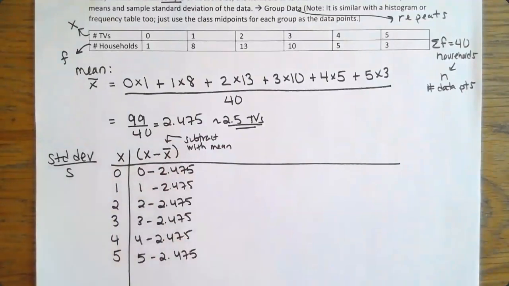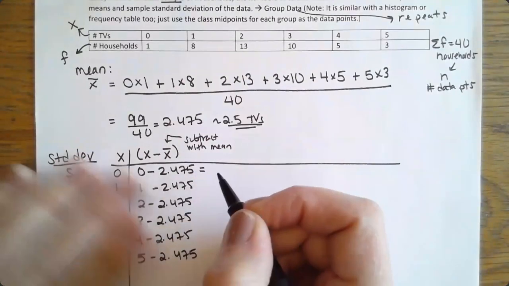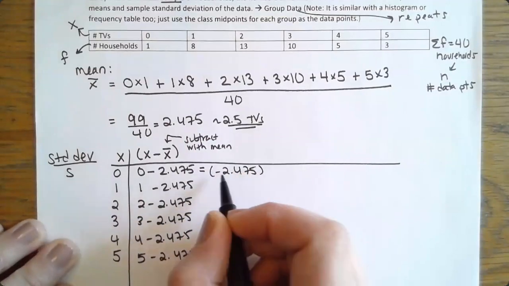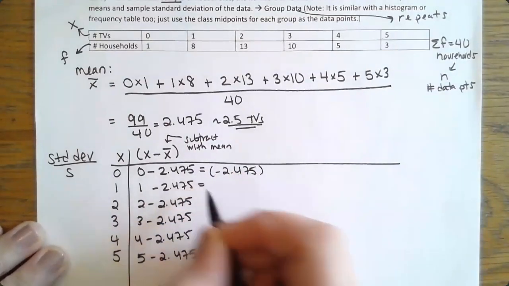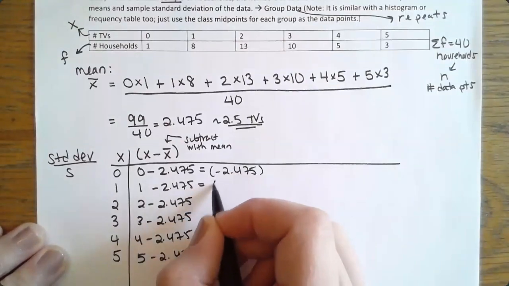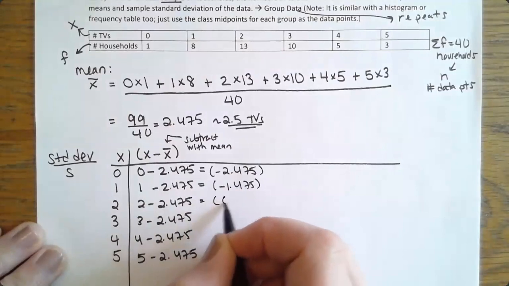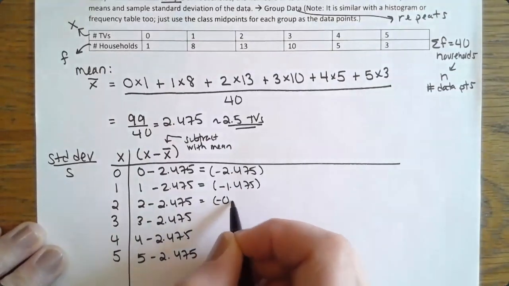But if they're going to ask for 2 or 3, then you need to use all those decimal places. So I'm going to use my calculator and subtract these, and I did it already. So the first value came out to be negative 2.475. The second value came out to be negative 1.475. The third value, negative 0.475.